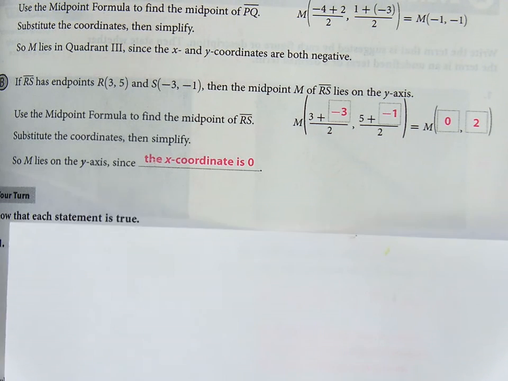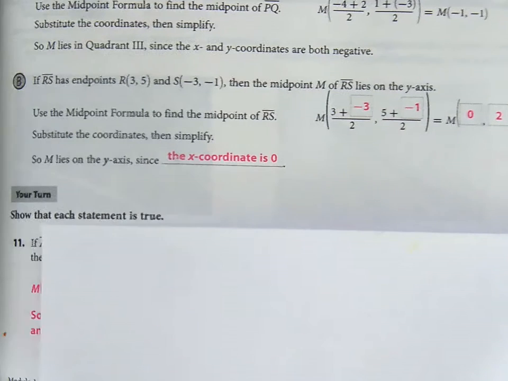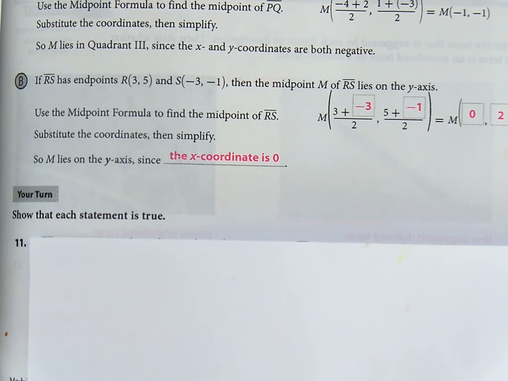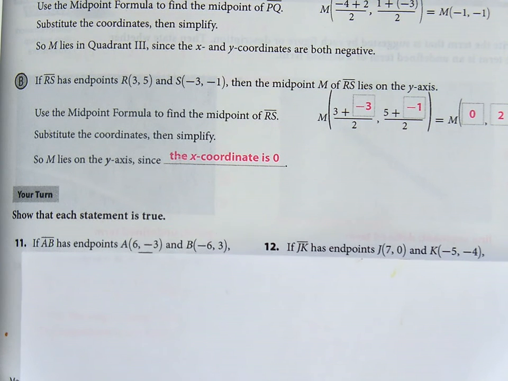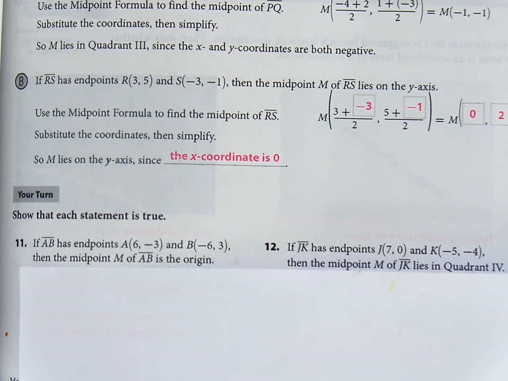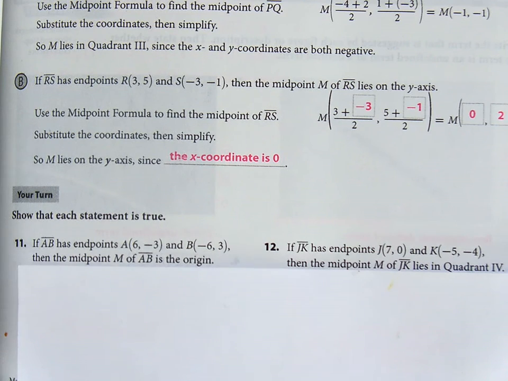Alright, your turn. Show that each statement is true. 11. If AB has endpoints A and B, then the midpoint is at the origin. So you have to think about what the ordered pair has to be in order to be at the origin. And 12.